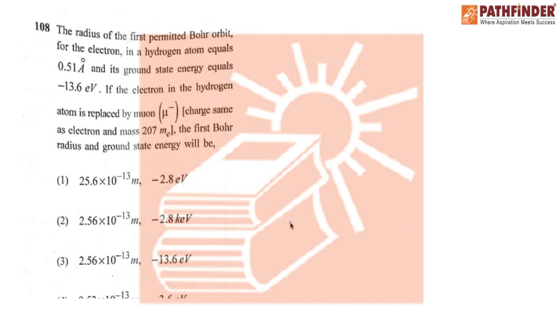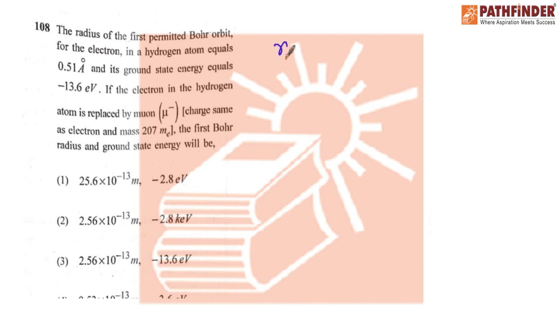The radius of the first permitted Bohr orbit for the electron in a hydrogen atom equals 0.51 Angstrom, and the ground state energy equals minus 13.6 electron volt. Okay, it's quite given information. If the electron in the hydrogen atom is replaced by a muon particle, charge same as electron and mass 207 times the mass of the electron, the first Bohr radius and ground state energy will be.